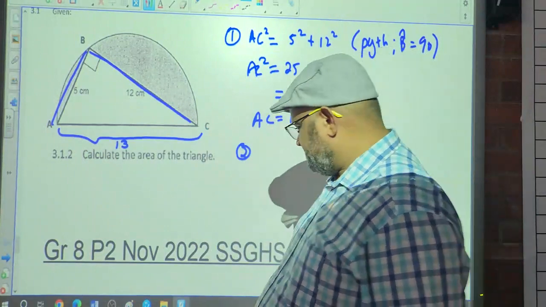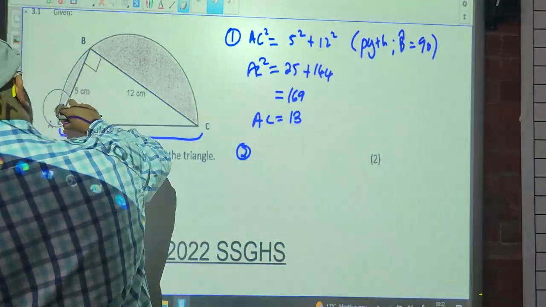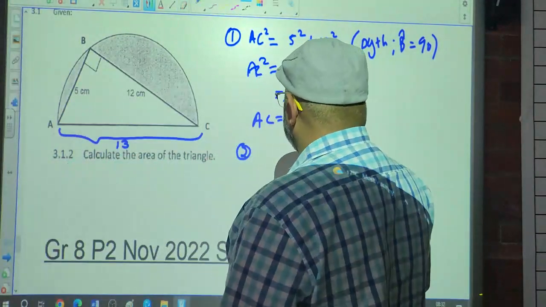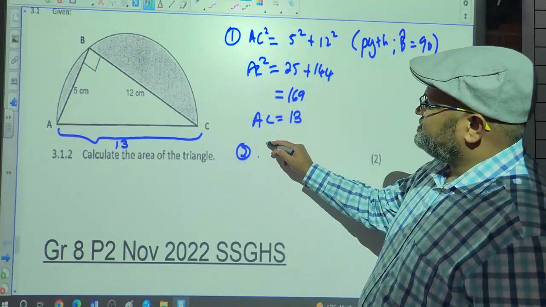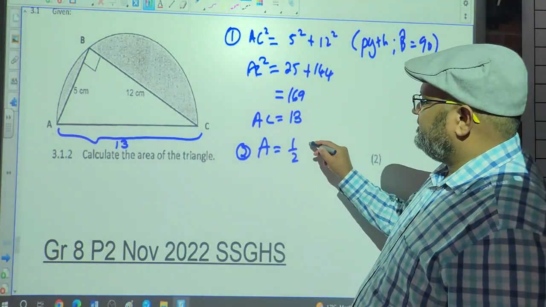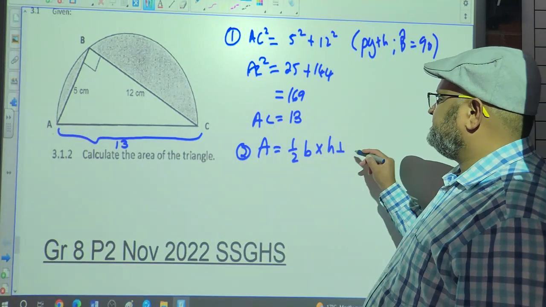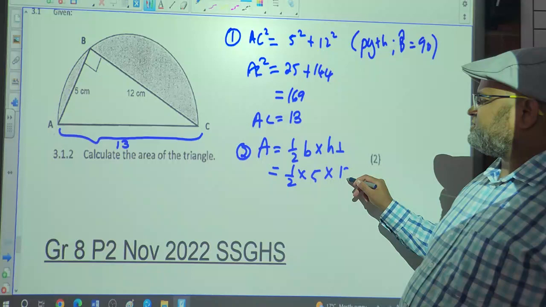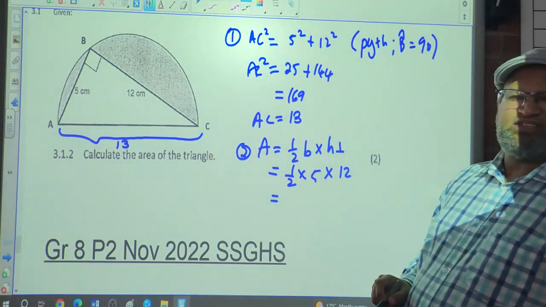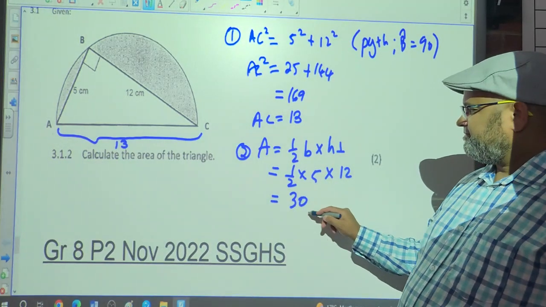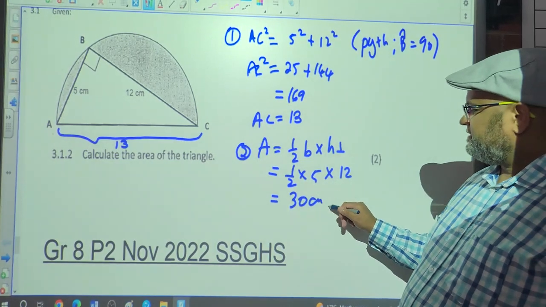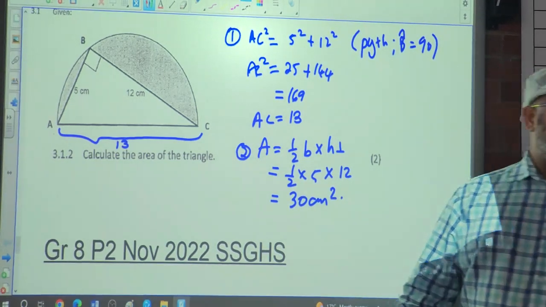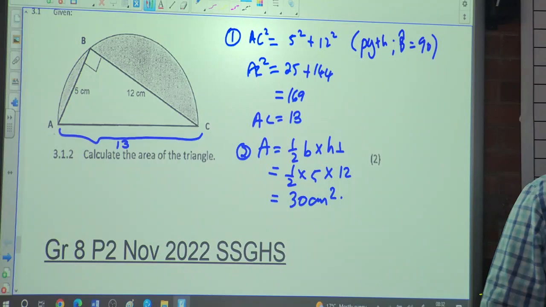It's not going to be 13, because it has to do with the sides at 90 degrees. So area of a triangle is half base times perpendicular height. So it's half, base is 5, times the perpendicular height is 12. 6 times 5 is 30. Is that correct? 30 centimeters squared.